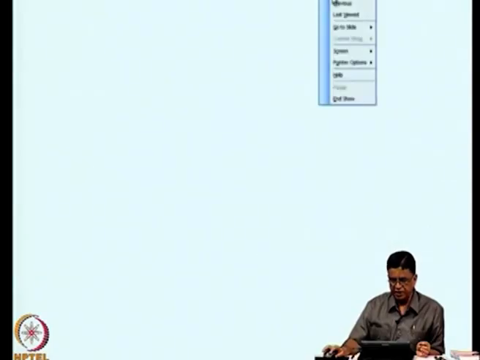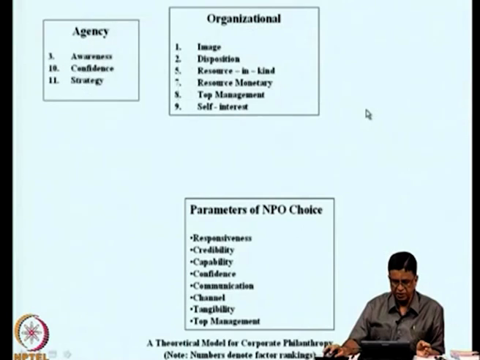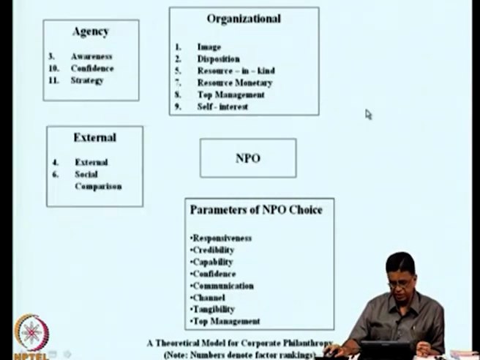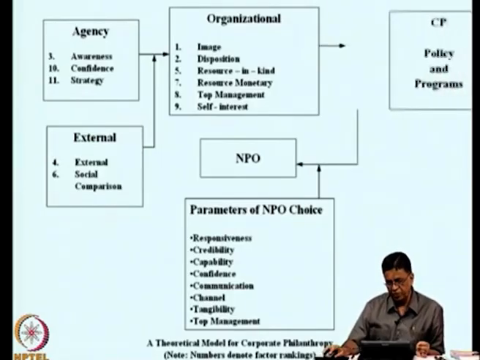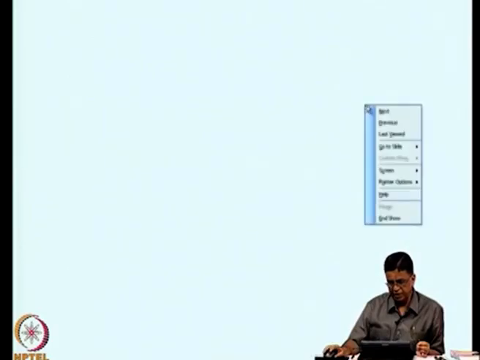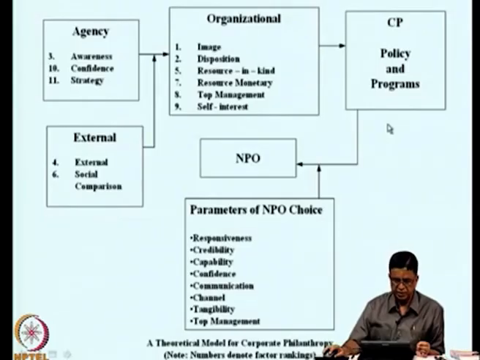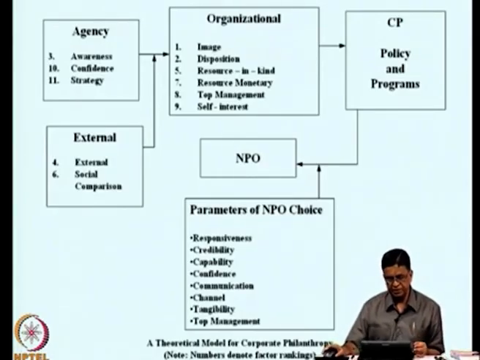We also looked at non-profit organizations, to come out with a theoretical model for corporate philanthropy, because in the Indian context so many organizations, typically NGOs and other non-profit organizations, are being lent money by donor organizations.